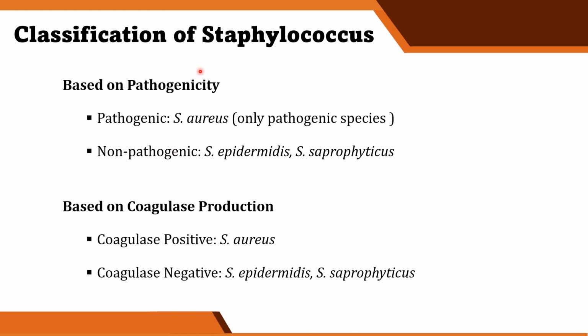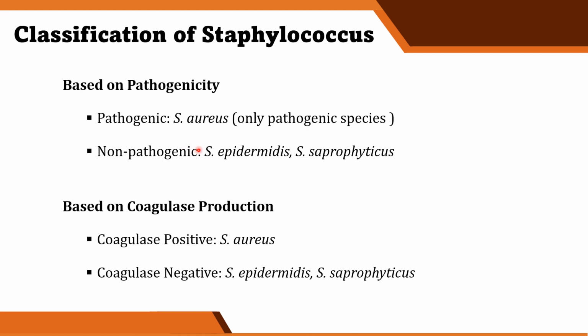Based on pathogenicity, S. aureus is the only pathogenic species among the Staphylococcus family. S. epidermidis and S. saprophyticus are both non-pathogenic.